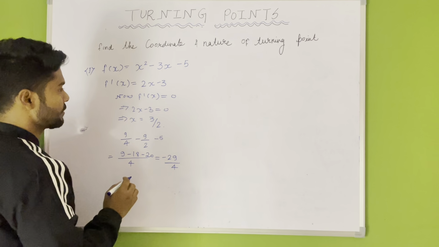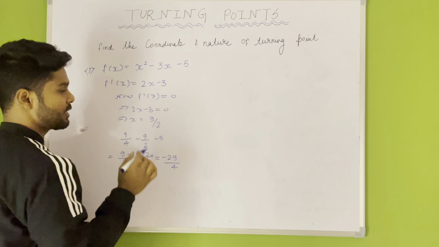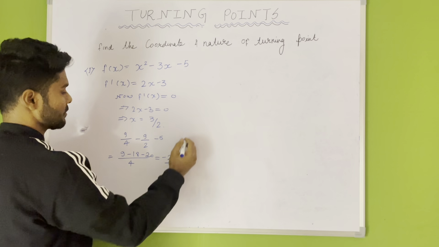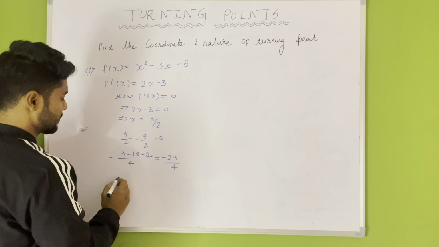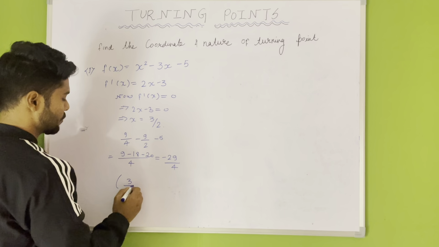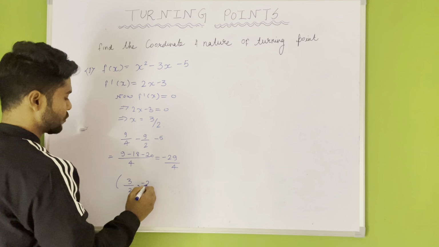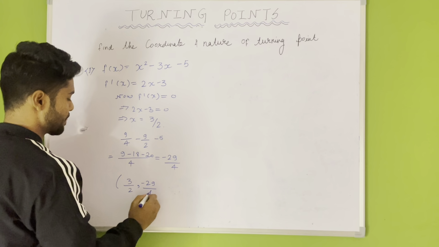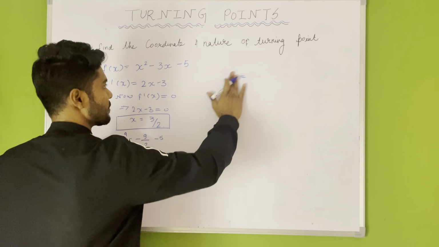So the coordinate of this equation, that is the turning point, is x equals 3 by 2, comma minus 29 upon 4.